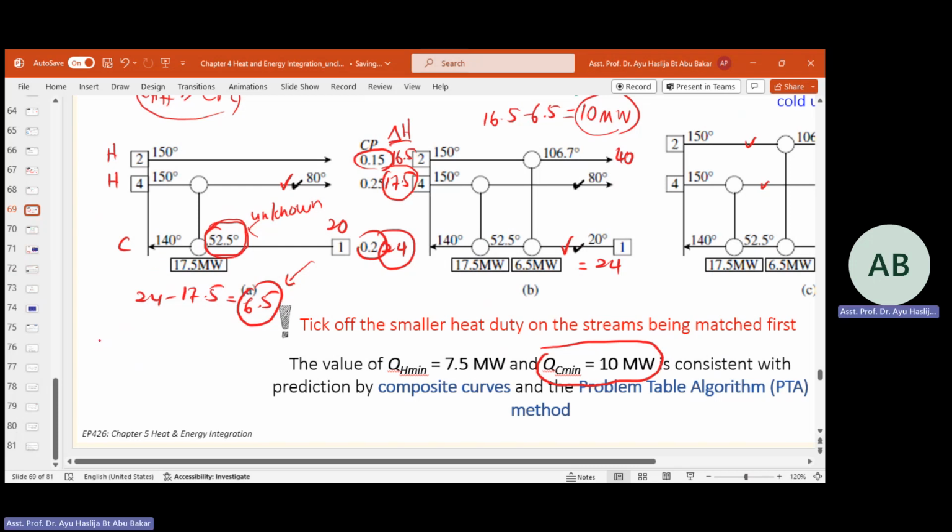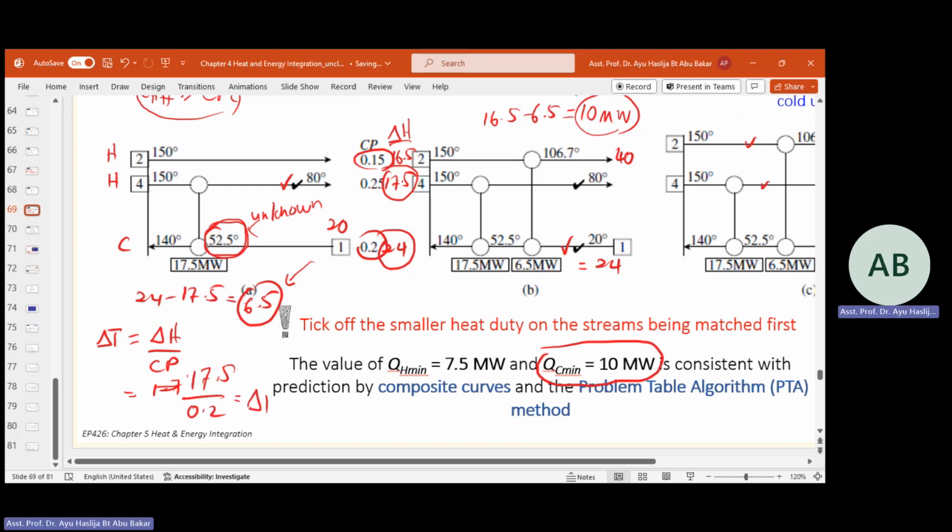So we know that delta T is equivalent to delta H over Cp. Delta H now is 17.5. Sorry, 17.5. Cp is 0.2.